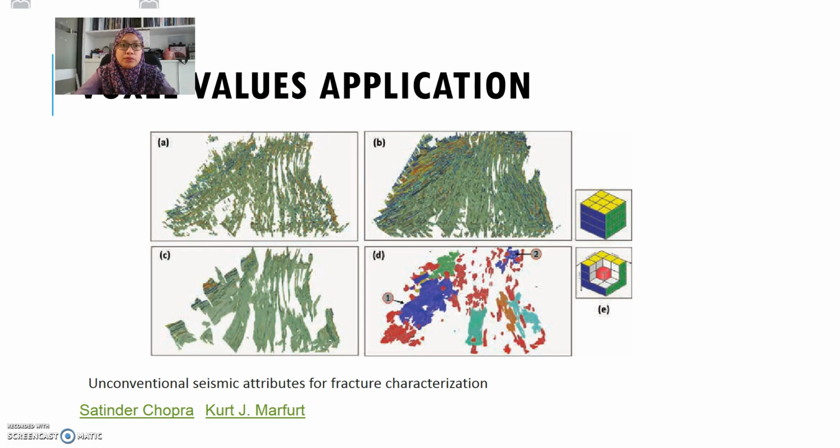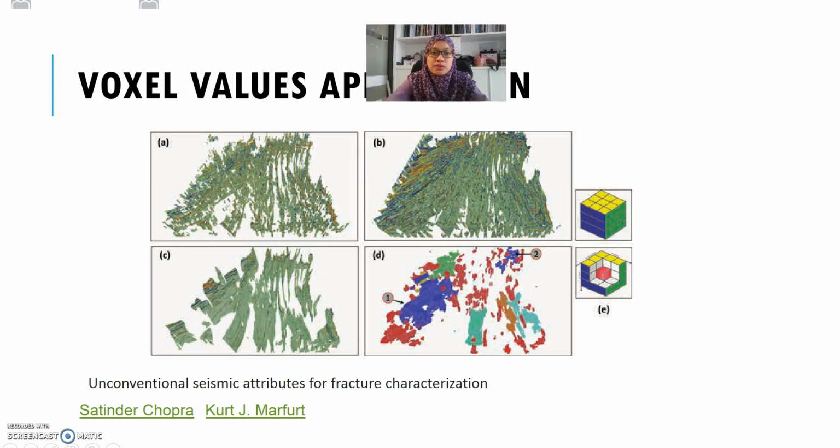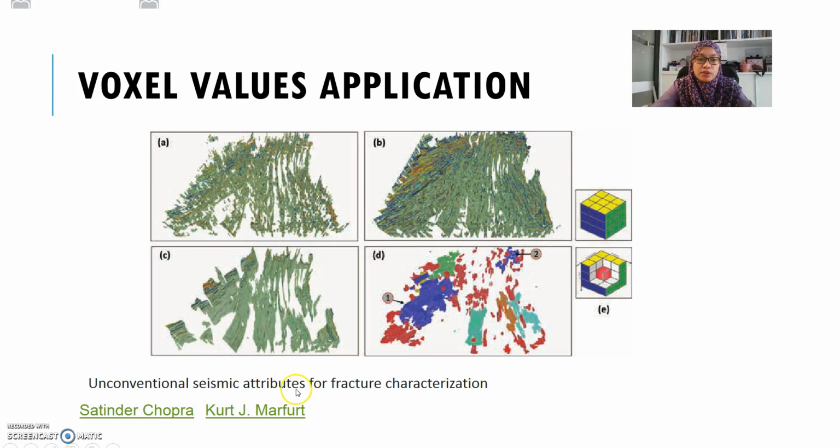Voxel value application is usually very important for unconventional seismic attributes, where we can use geobody interpretation, fracture characterization, carbonate characterization, and so on. These voxels, as I mentioned just now, are also represented by different colors.